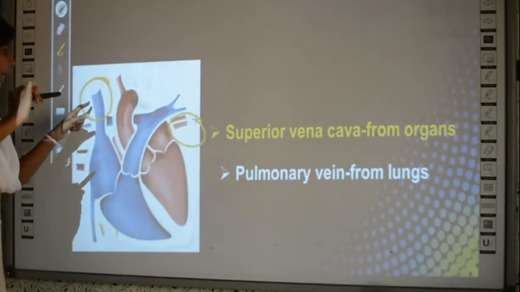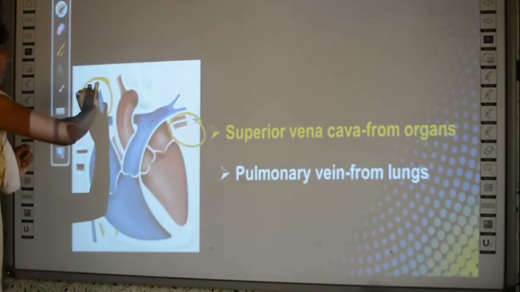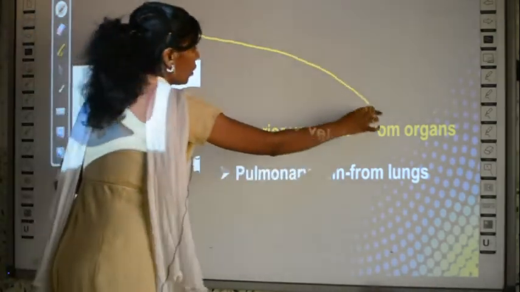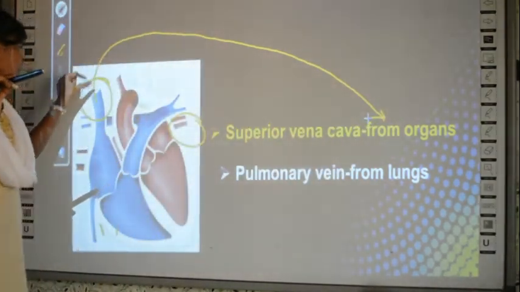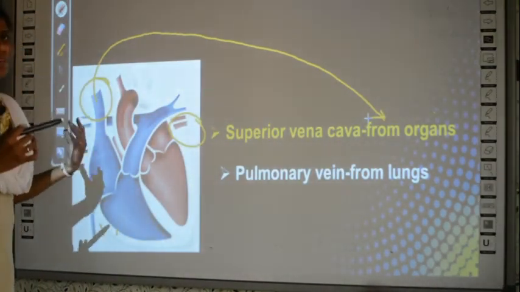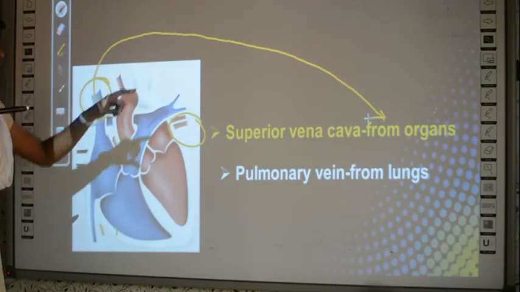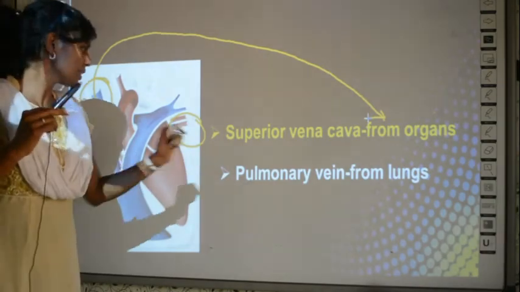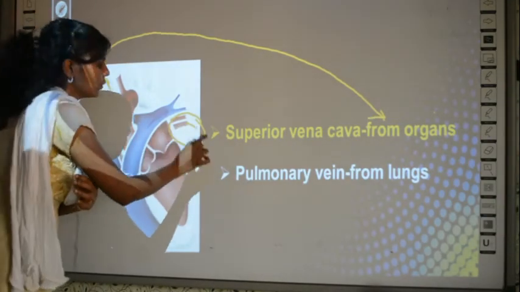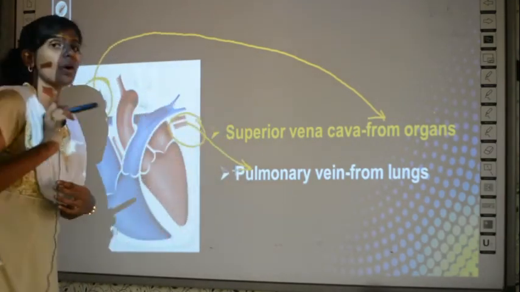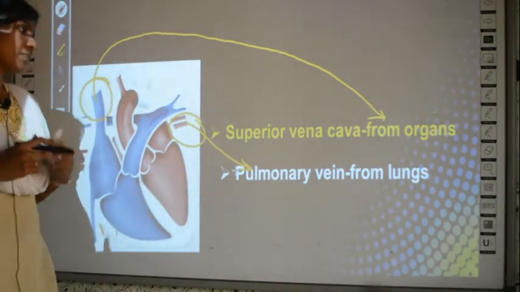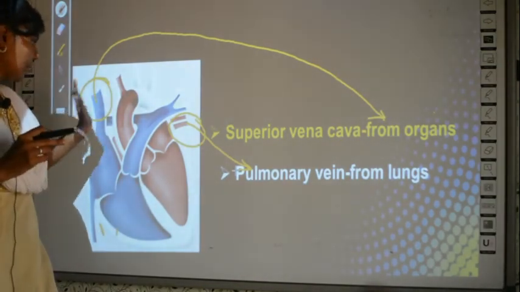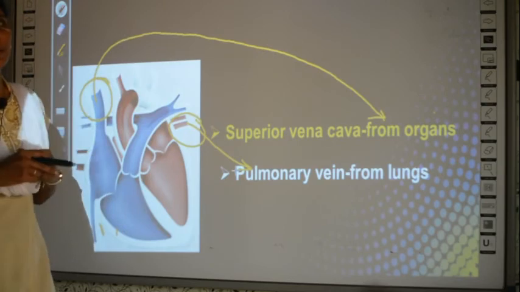So this is called the superior vena cava. I told you already, the blood which comes into this is from all the organs of your body. It is called superior vena cava, and this is called the pulmonary vein, which gets pure oxygenated blood from the lungs. So I hope you know all the names now.